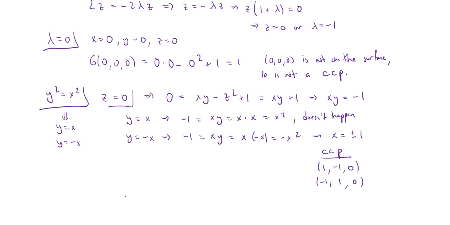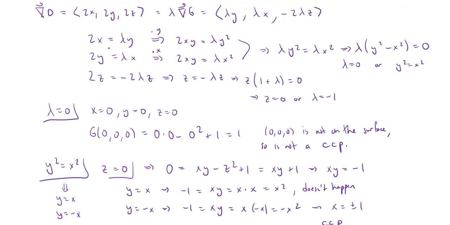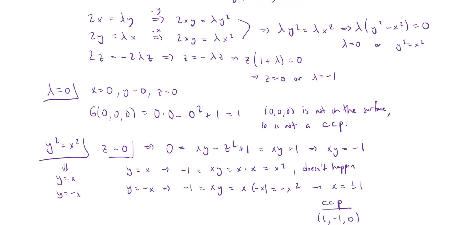All right, so the other situation was it could be that instead of z being 0, we could have lambda equal to -1. So in this case, if we head back up, we have this relationship, 2x will equal -y, and 2y will equal -x.